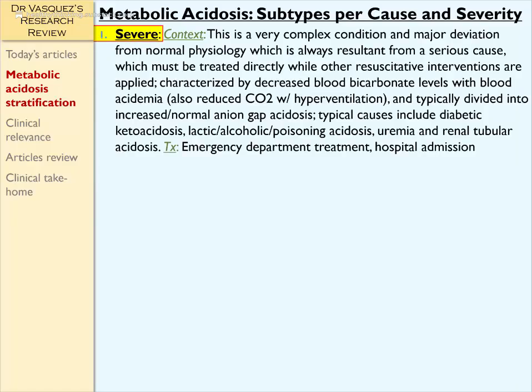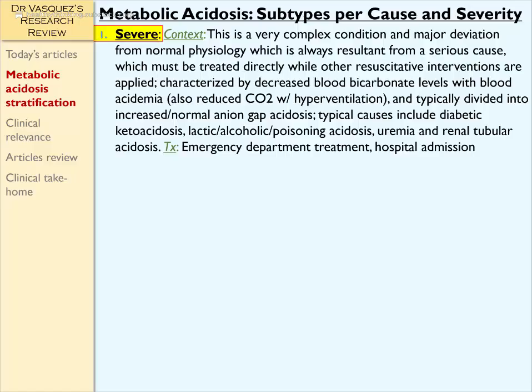So when we talk about metabolic acidosis, we all, of course, appreciate that in some cases metabolic acidosis can be very severe. The context here is a very complex condition and major deviation from normal physiology, which is always resultant from a serious cause, and that cause itself must be treated directly while other resuscitative interventions are applied. Severe metabolic acidosis is characterized by decreased blood bicarbonate levels with blood acidemia, also reduced carbon dioxide secondary to the compensatory hyperventilation.